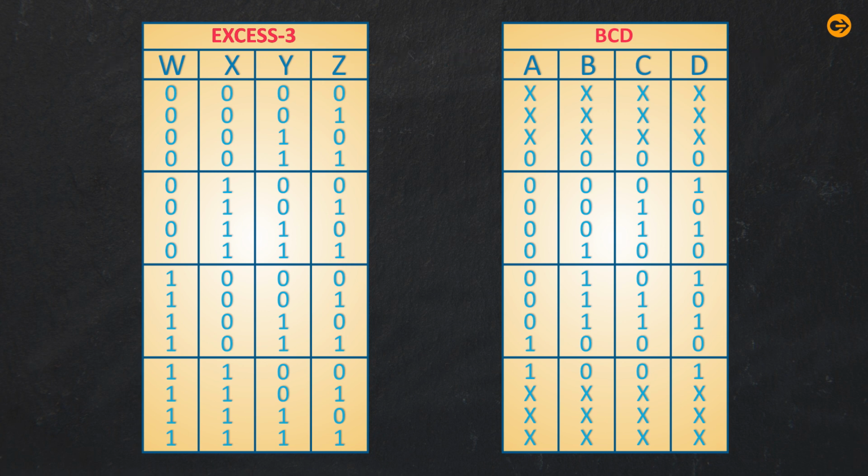XS3 is subtracted by 3 to obtain BCD, which can be done in every step. As we can see here, 0011 minus 0011 equals 0000, and 0100 minus 0011 equals 0001, and so on.